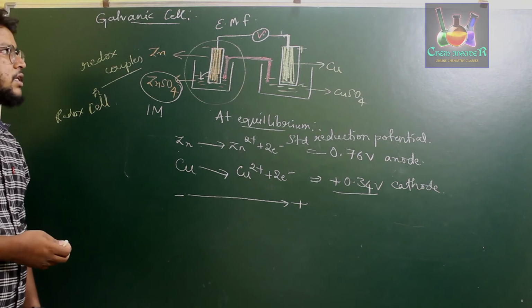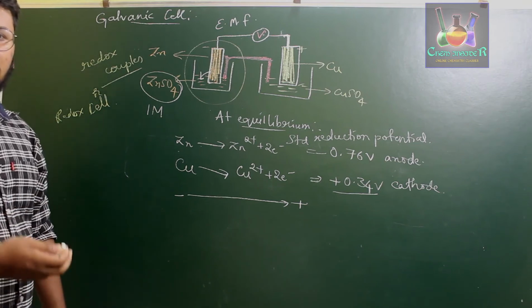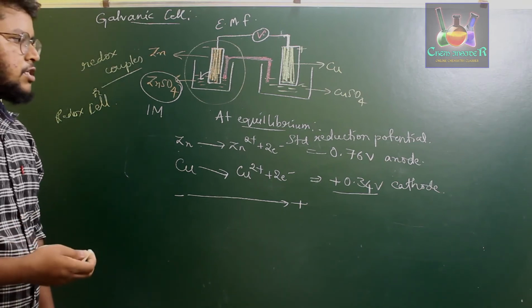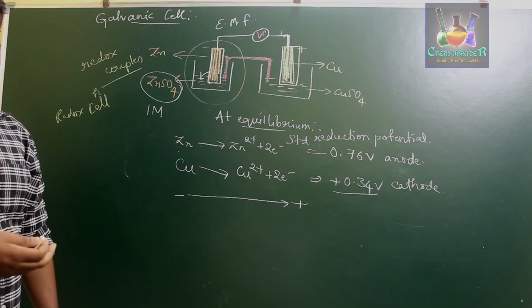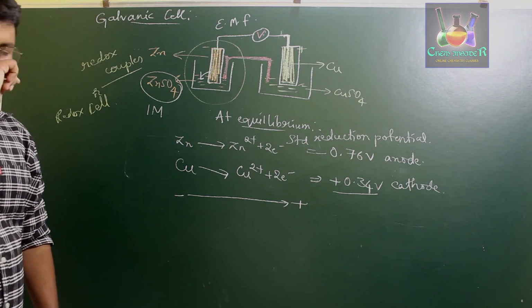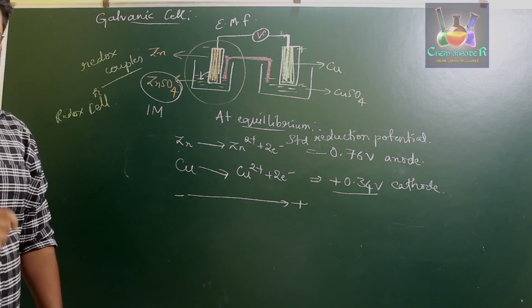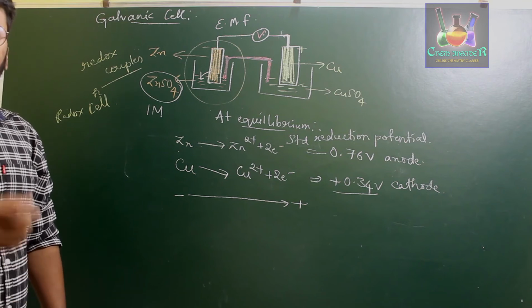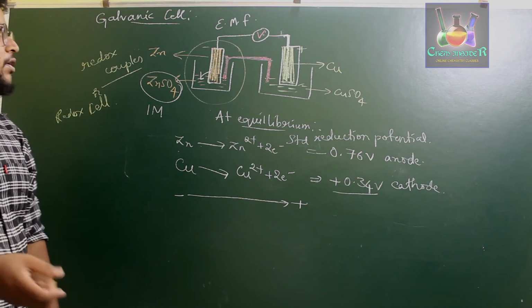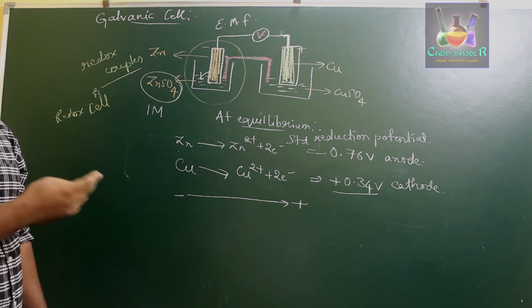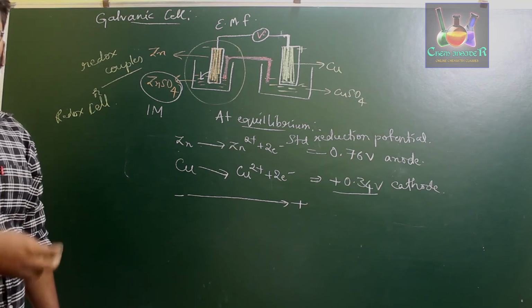The EMF of a cell can be determined by the difference between the cathode and the anode potentials. If you know the electrode potentials of the cathode and the anode, the difference between those two gives us the EMF of the cell created by them.